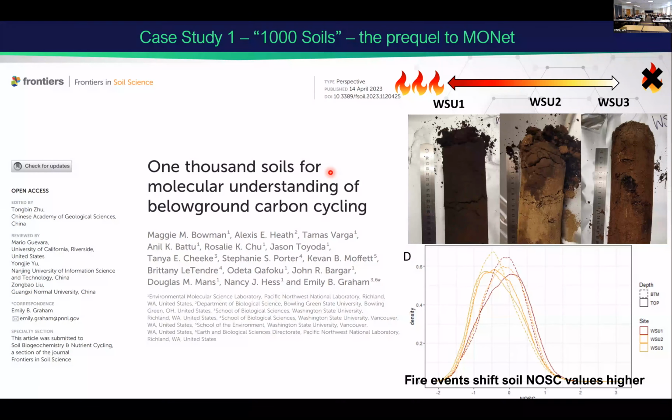So as an example, they had 3 cores from the WSU site, which had experienced different degrees of burning. And they managed to use FTICR and the characterization of the species present to make inferences about the different types of carbon, and specifically the different thermodynamic properties of carbon if the site had experienced a burn event, or if it experienced a lower severity burn, or if it experienced no burn at all.